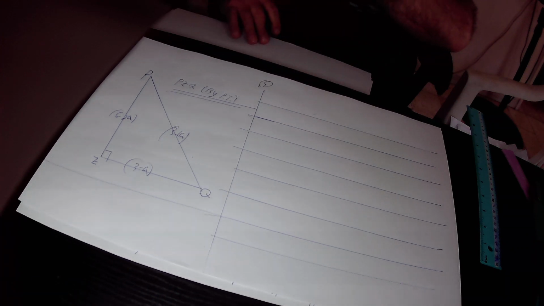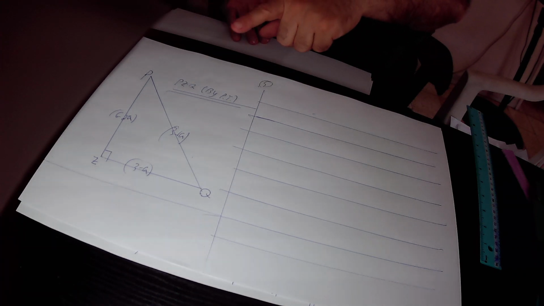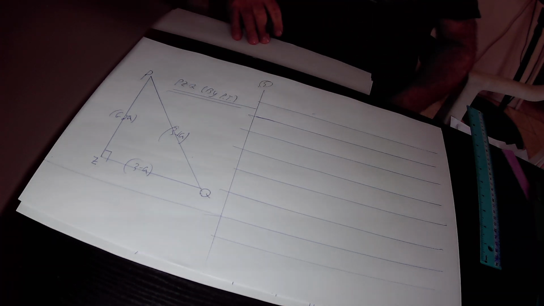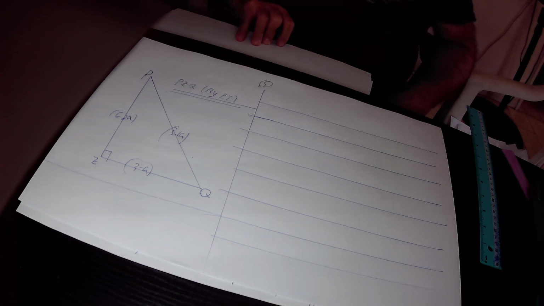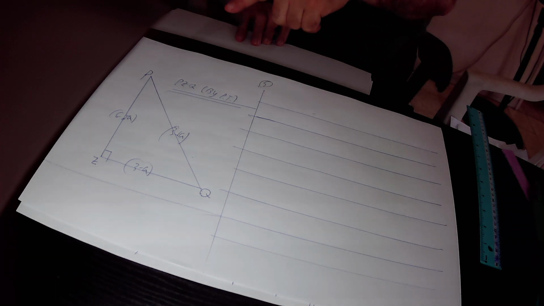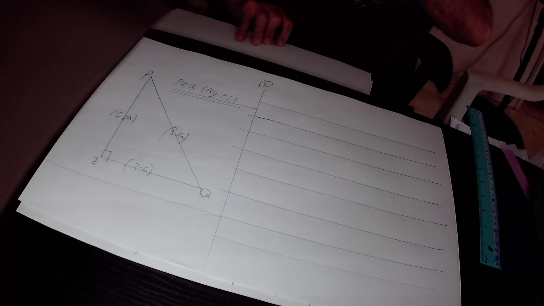So actually this is the right green triangle PZQ that I copied from the original drawing. According to the Pythagoras theorem, in this right triangle PZQ, PQ squared equals PZ squared plus ZQ squared.